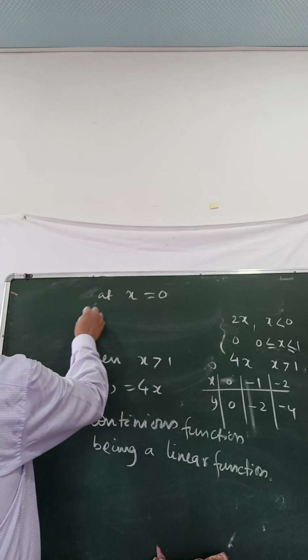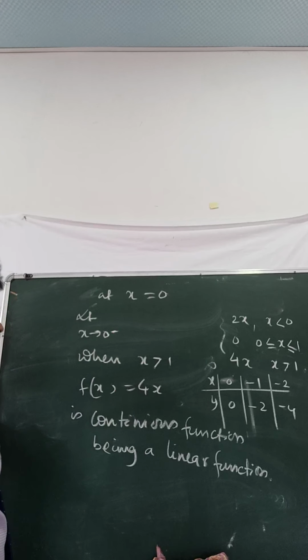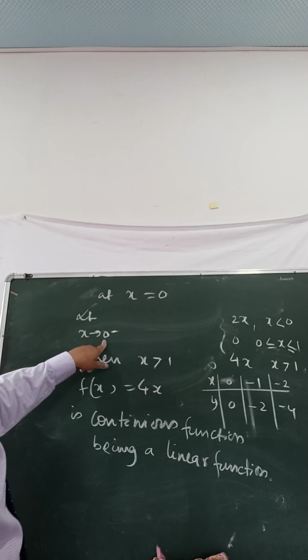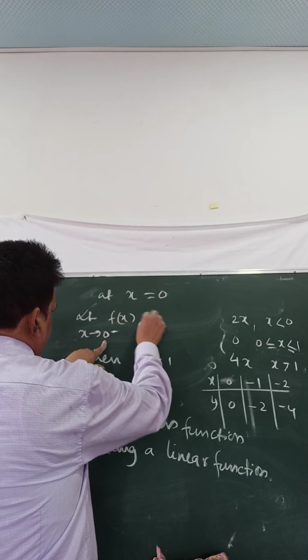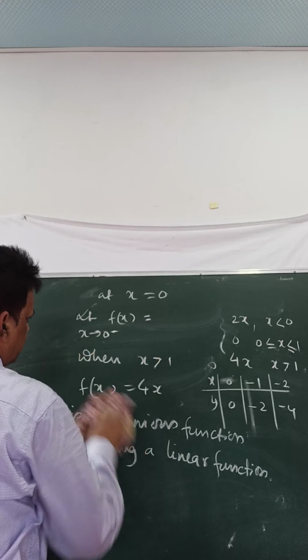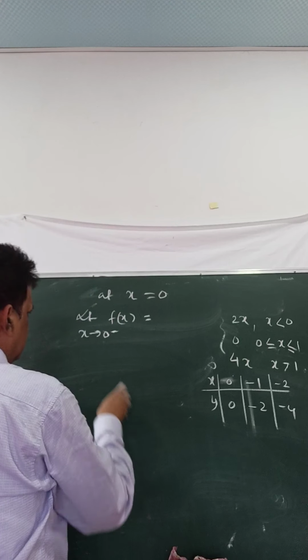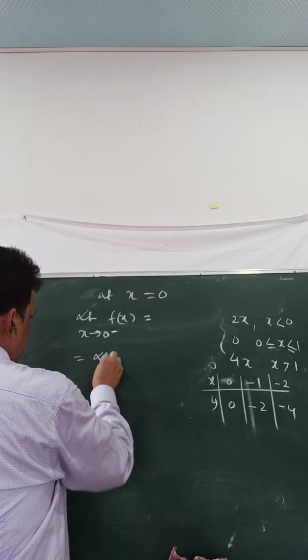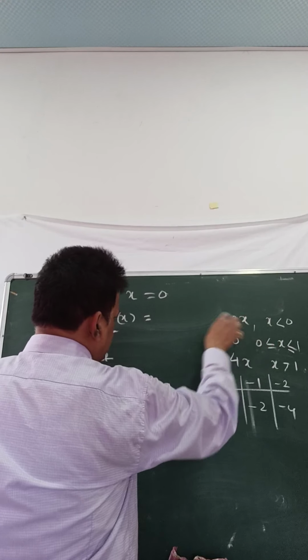So limit x tends to 0 minus f(x), how much is that? Here f(x) is 2x.